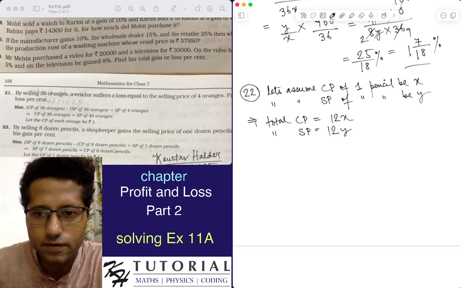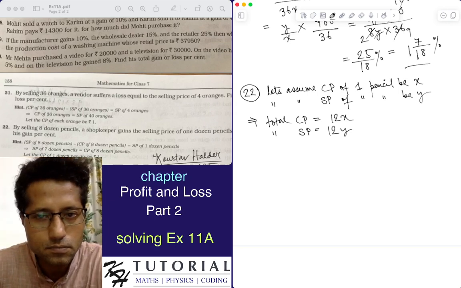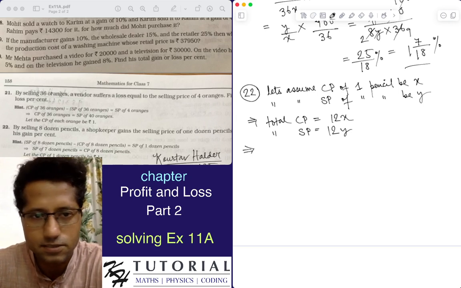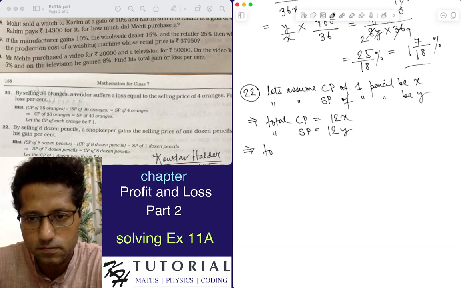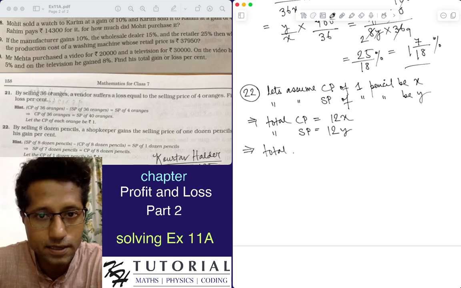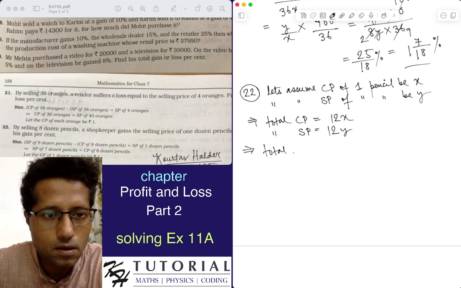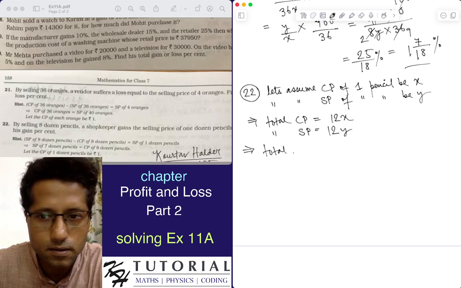Now it is also given that, so this implies, if we know CP and SP, we can say that total loss, total gain, since it is talking about gain, by selling 8 dozen pencils, a shopkeeper gains the selling price of 1 dozen.